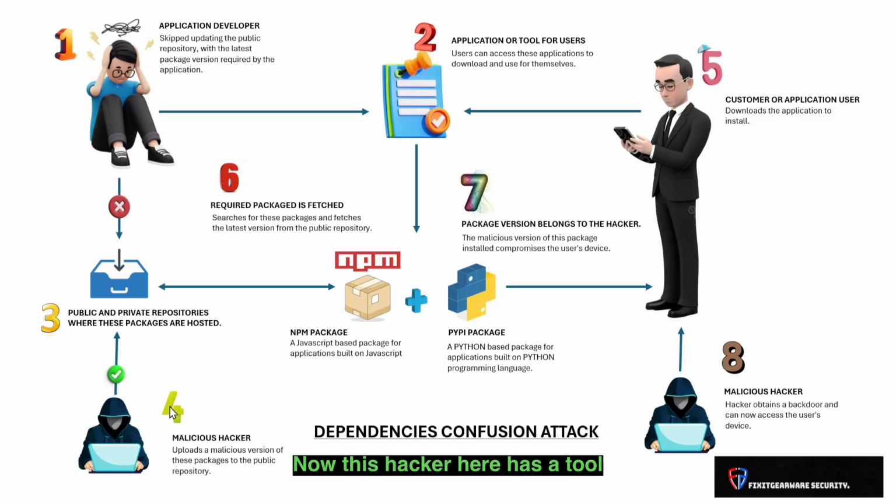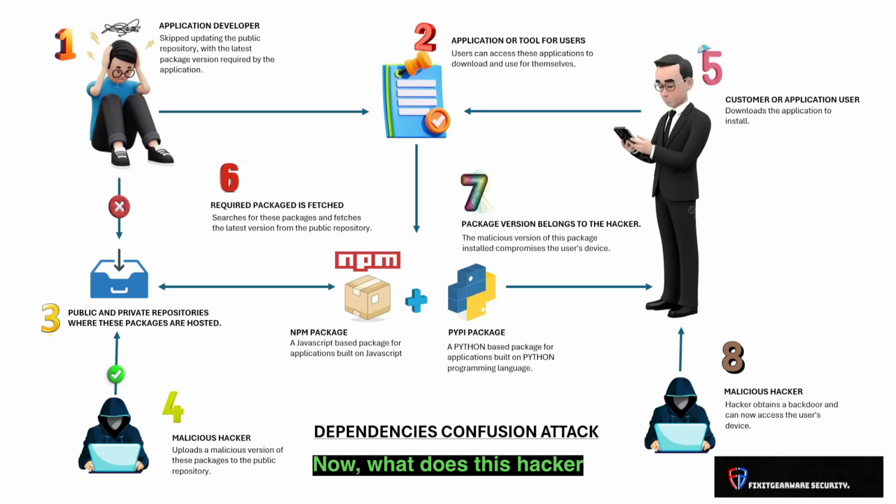Now, this hacker here has a tool, scans your public repository and discovers the name of the package on that public repository, which is required in this private repository, right? He discovers that you were able to update the private repository, but the public repository was not updated by you. So here on the private, you have 1.2, but on the public, you have 0.8.